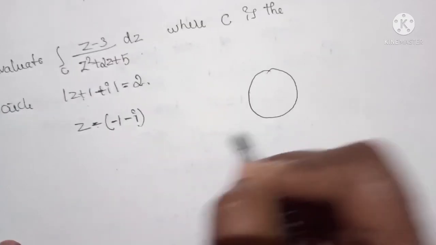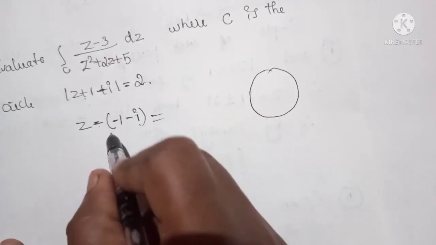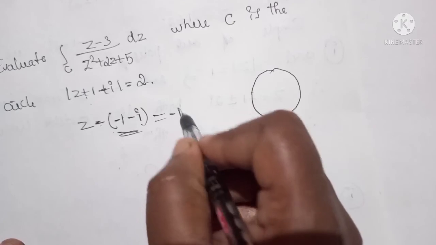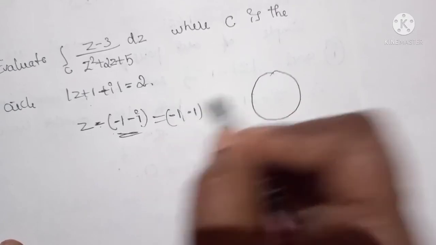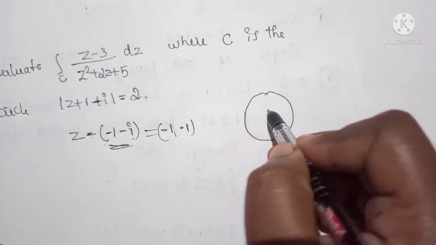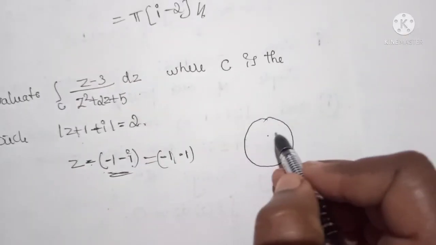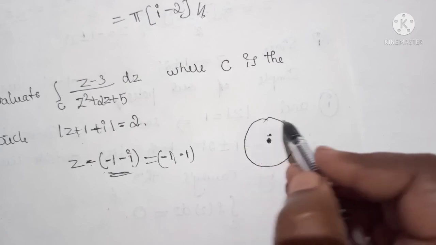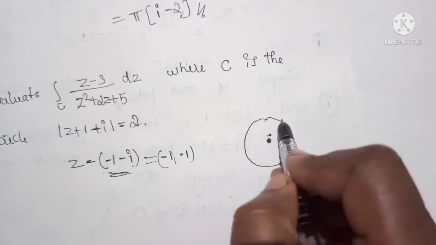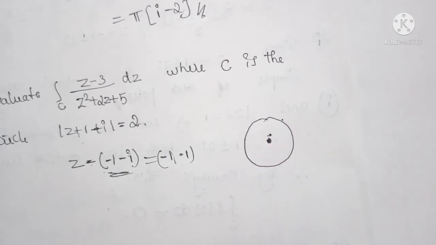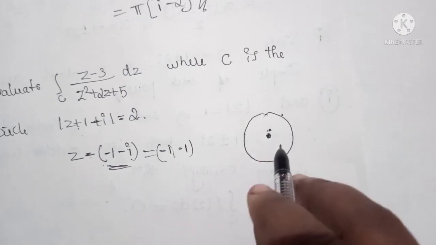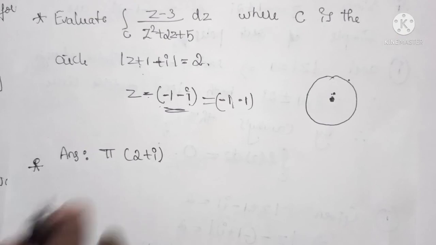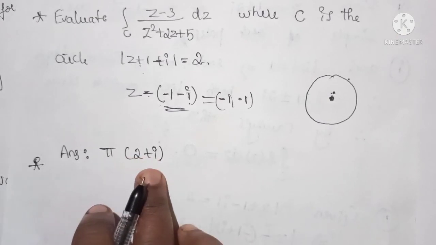So the center is at minus 1 and minus 1, which lies down here. If that is your center, then here you have your plane, and that is the origin. Its answer should be pi into (2 plus i).